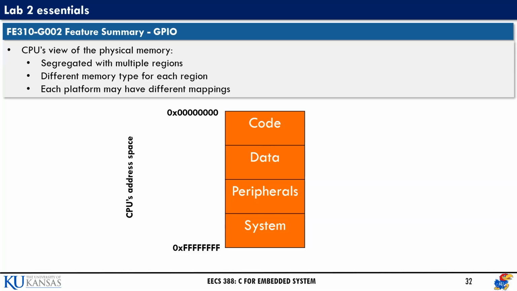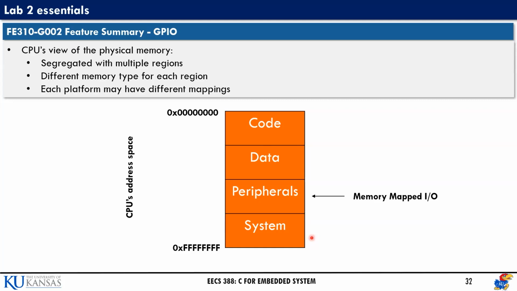So in summary, the main memory is divided into regions. There is a code section, data section, peripheral section, and system section. And we have the I/O, the input-output devices, and memory-mapped I/O allows peripherals to be controlled directly via the CPU's address space.